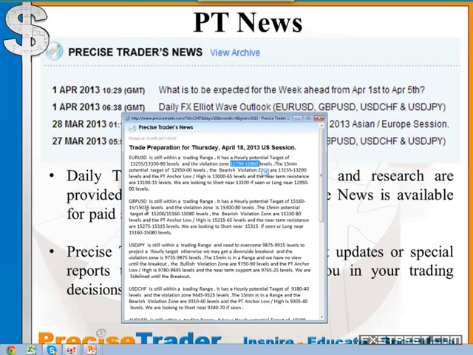So in other words, for the bigger time frame, the higher time frame, we are expecting it to move up. The near term, or the immediate time frame, we are expecting it to move down. This is what we meant by that.